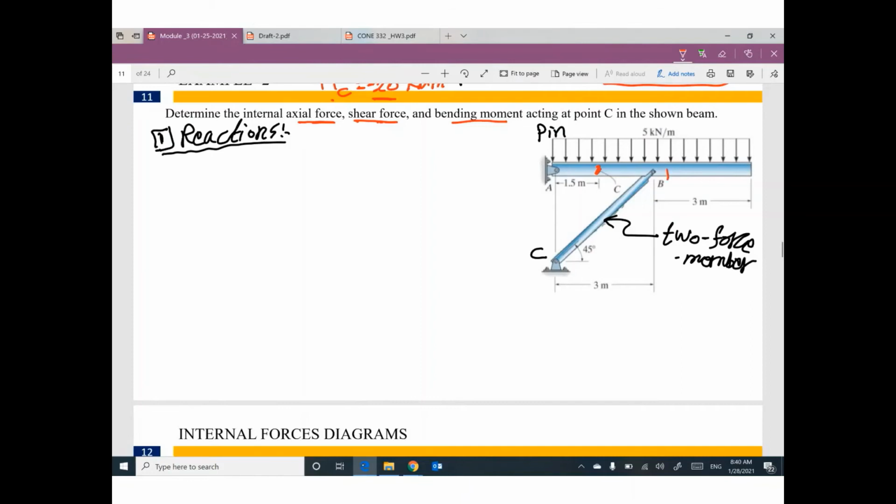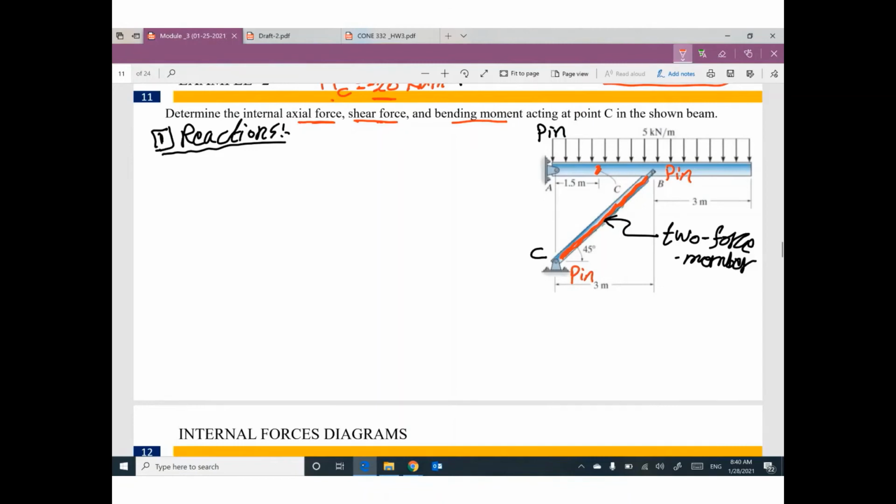We have pin connection at this end and pin connection at the other end. We don't have direct external load. Do you have any loads applied to this member directly? No. So this member can be called two force member or link member.